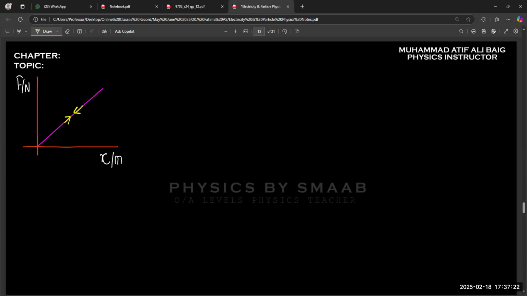So on that straight line, extension increases with respect to the force, and on the same line, extension decreases with respect to the decrease in the force. So we will get a straight line.